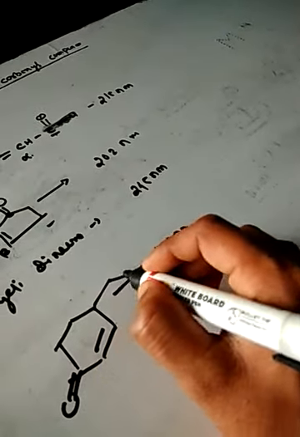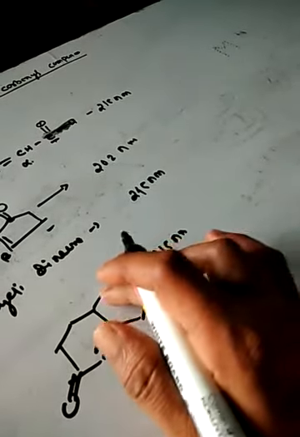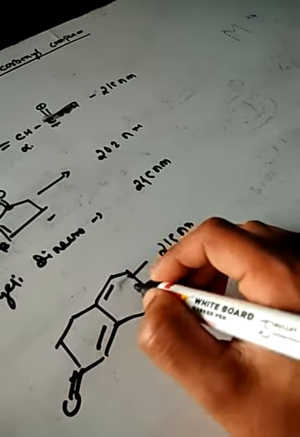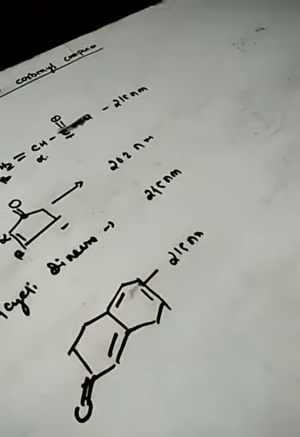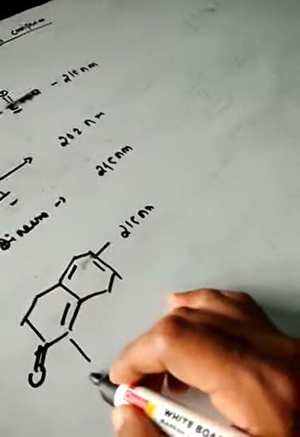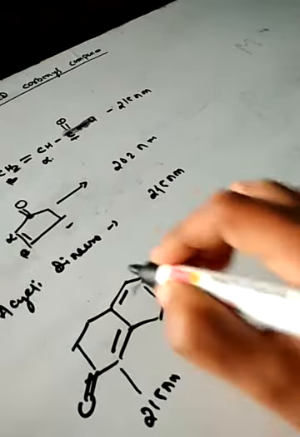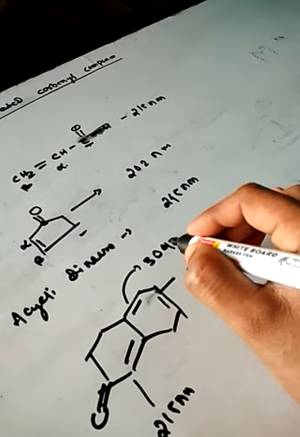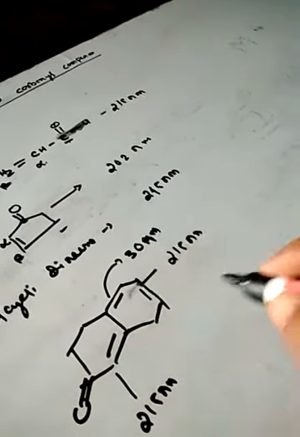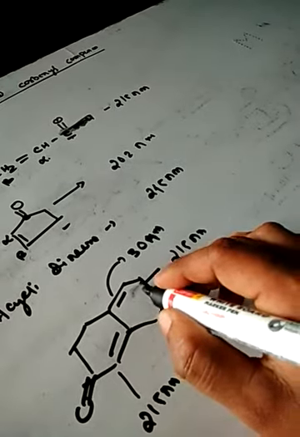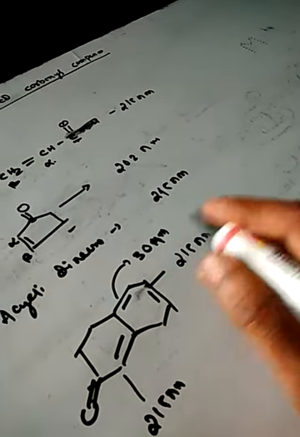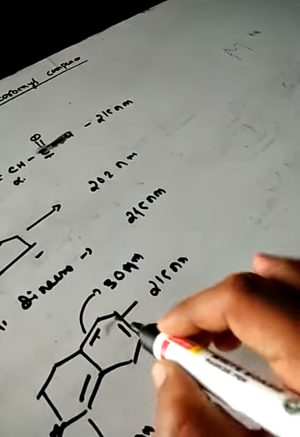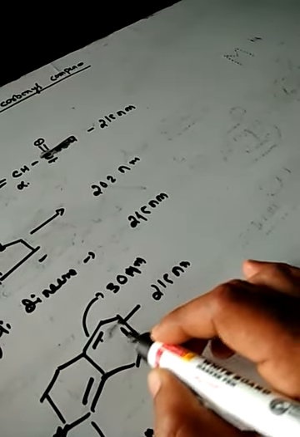suppose we have double bond extending conjugation for this alpha beta unsaturated carbonyl compound. As we know that the parent value is 215 nanometer, and for double bond extending conjugation is 30 nanometer. But this is another bond which extends the double bond of this one in homoannular.